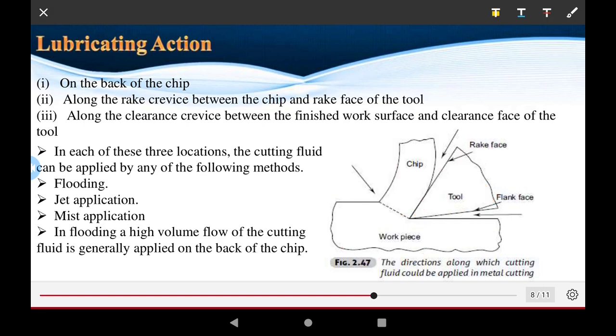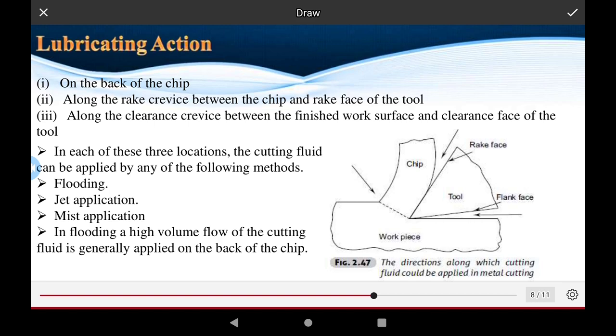This is the rake face of the machine, and this is the flank face. The flank face is between the tool and the cutting chip thickness of the workpiece. Okay, the direction along which the cutting fluid could be applied for the metal cutting operation.